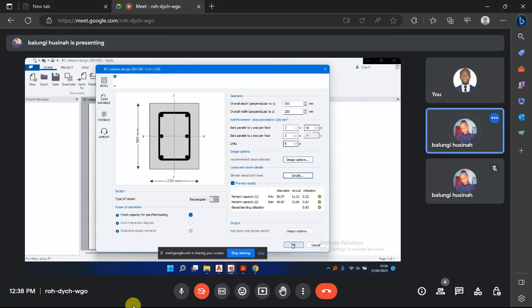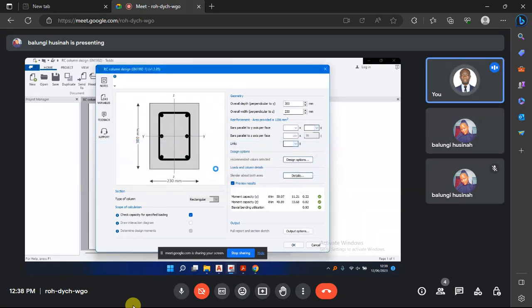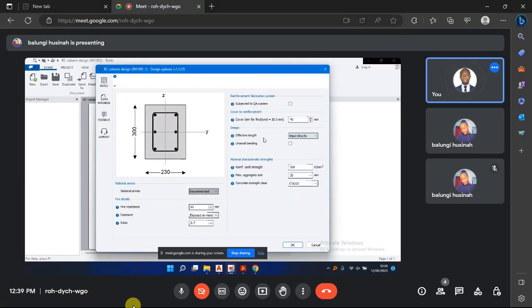So it's just playing with all those parameters. You say okay, we'll go back and see. I want to really see what is inside there. You go back to the design options, eh? Because I have a feeling this section is enough. You come here on the fire resistance, eh?